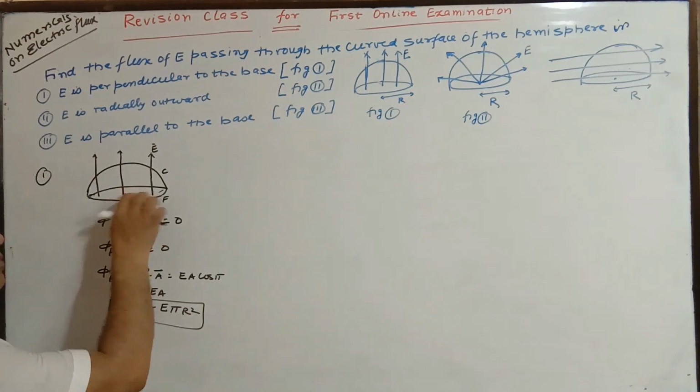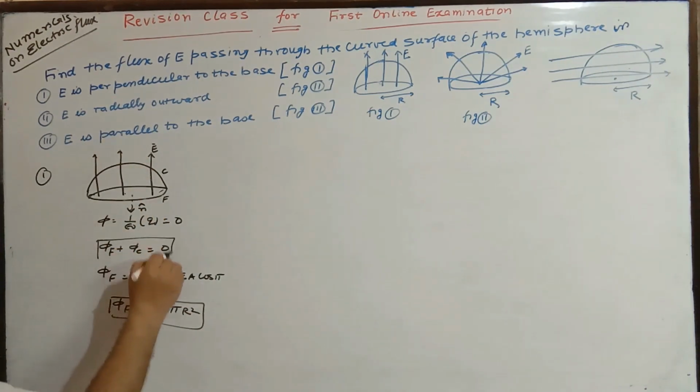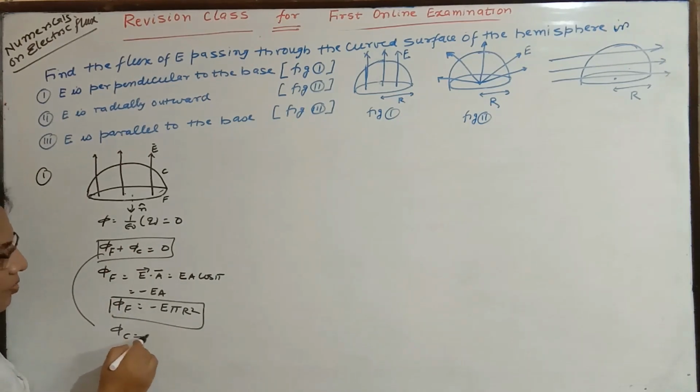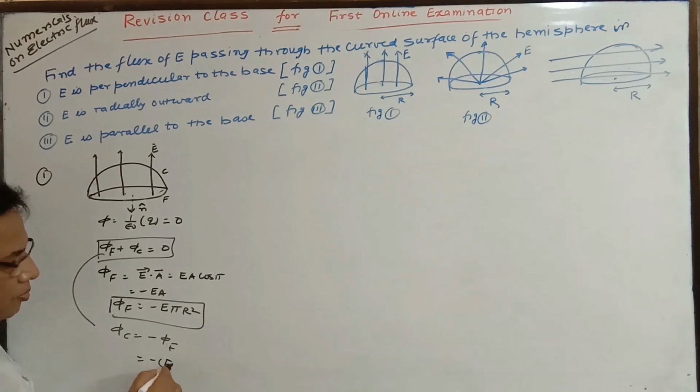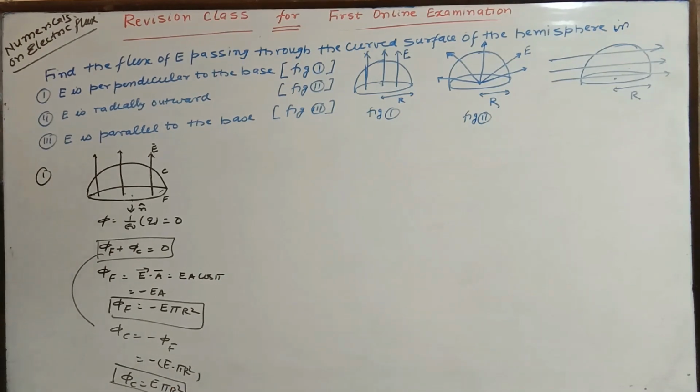Now what about the curved one? We have phi flat plus phi curved equal to 0. So phi curved equals minus phi flat, and that is minus of minus E into pi r squared. So phi curved equals pi r squared into E.